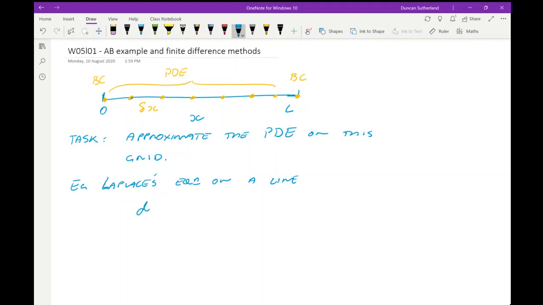That's just d squared f by dx squared equals 0, with whatever boundary values we specify: f of 0 equals a, for example, and f of L equals b. If they both equal 0, then we've actually got no real problem; we're only ever going to get the trivial solution.